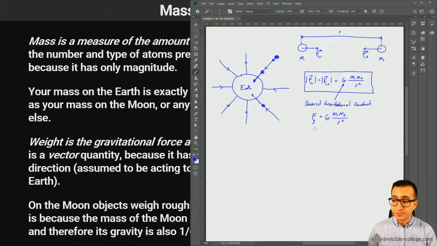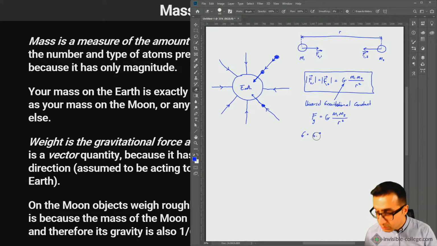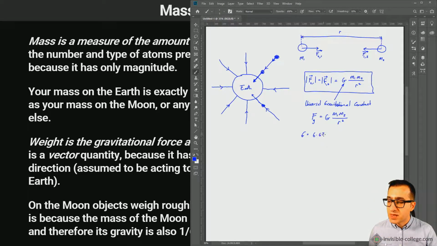Now, the constant G has obviously a specified value. It's been measured to a very high degree of precision. I'm going to round it to 3 decimal places here. It has a value of 6.674 times 10 to the power minus 11.